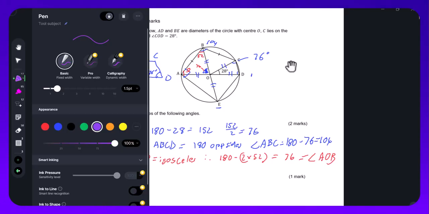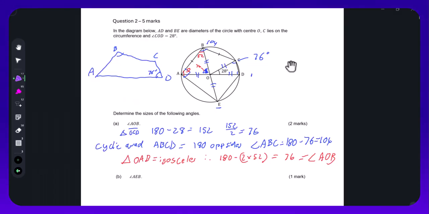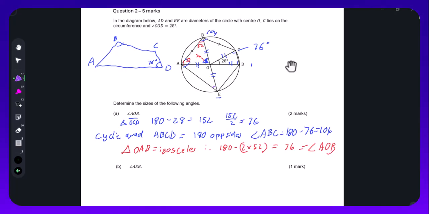I'm going to go a different color and locate AEB. AEB is going to be this angle in here. Okay, because this one up here, the one I had just found in the previous question, is 76, that means the one on the other side, straight line angle, has got to add up to 180.